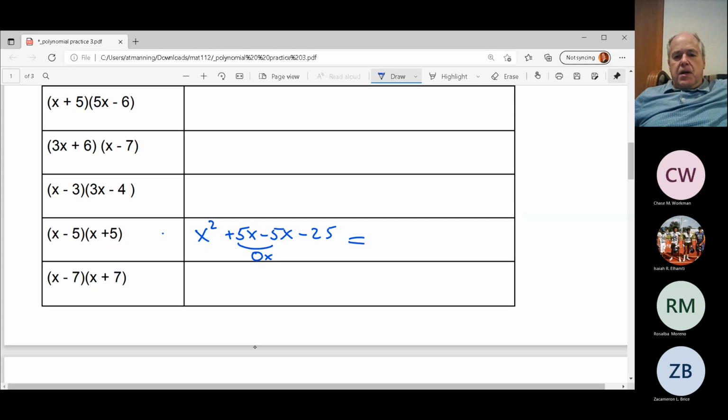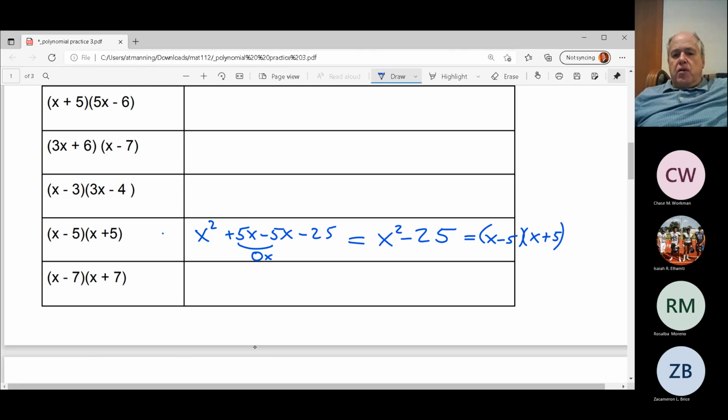So that becomes x squared minus 25. Whenever I see the difference of two squares, x squared minus 5 squared, automatically think to yourself, oh, that is x minus 5 times x plus 5.